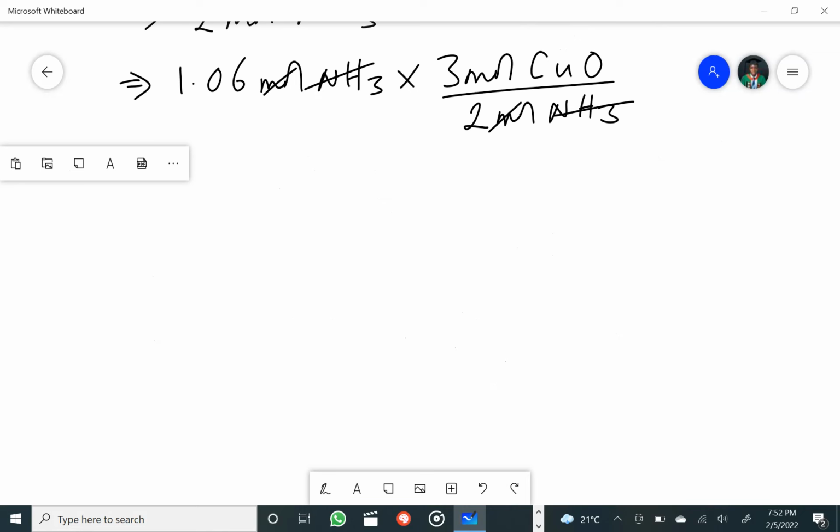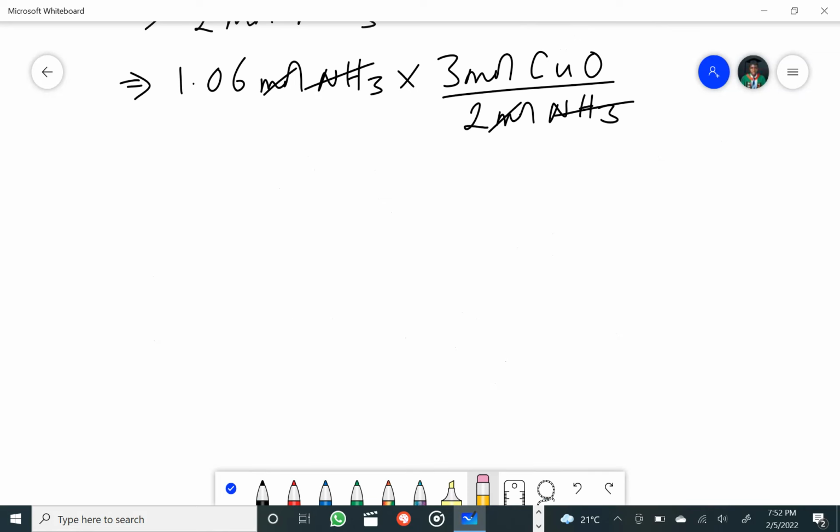Okay, so now with this, we're going to have our moles of copper being 1.59 moles of copper 2 oxide.